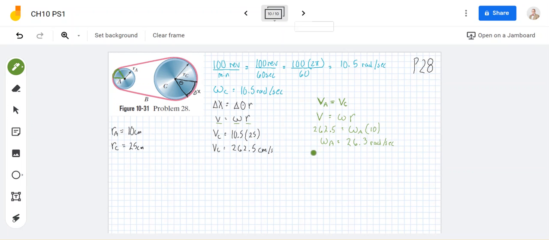All right, and now that we have that, we can actually solve the rest of the problem. The problem basically says I have all this information, and then the question is, find the time. So let's use the kinematics again and see if that works for us.